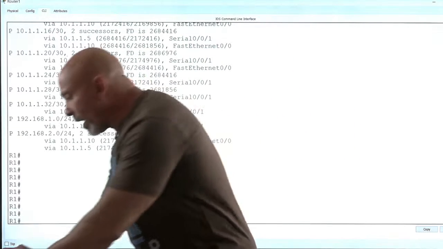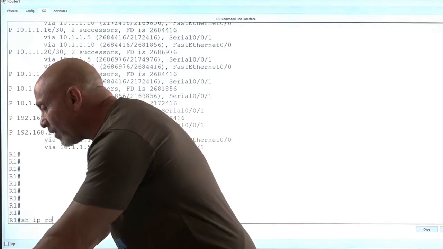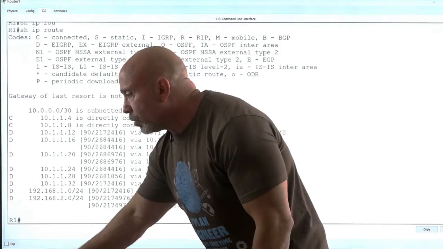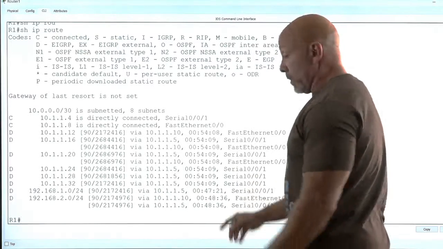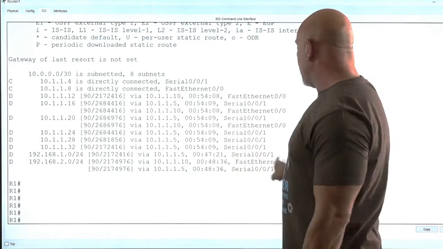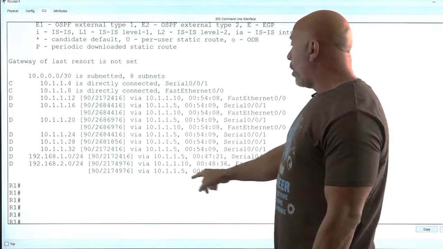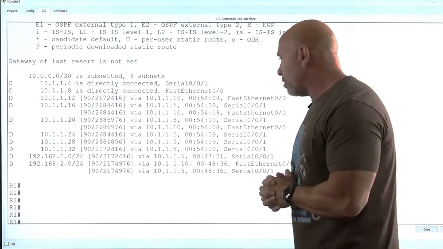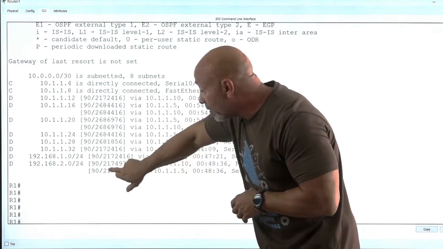Because let's take a look at our routing table. Let's make a comparison. See who will be the successor route to the 2 network. And you got two ways to get there, right? Through the 10, which is the fast Ethernet, or through the 10115. Now it's like, well, what? But look at the feasible distance number.